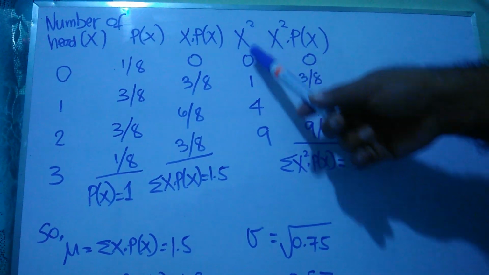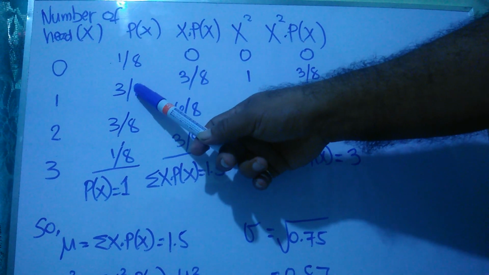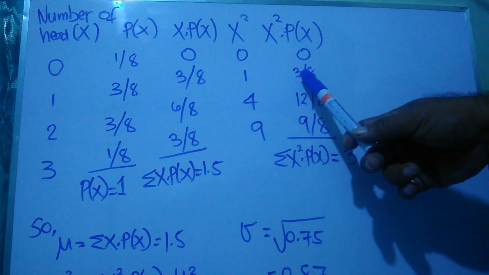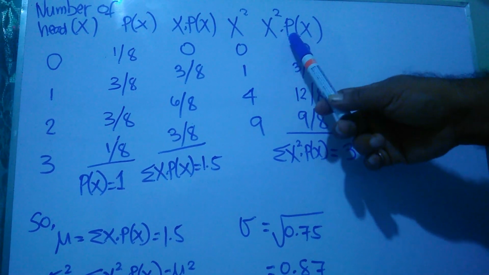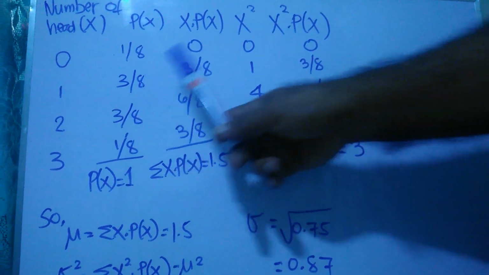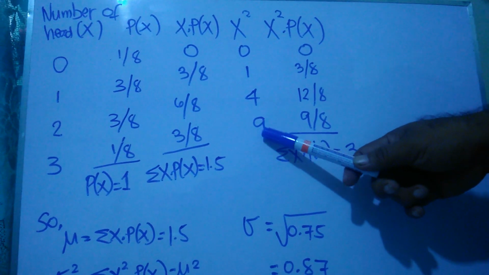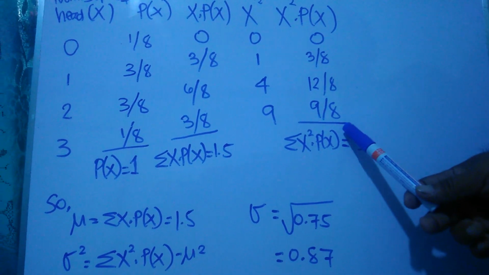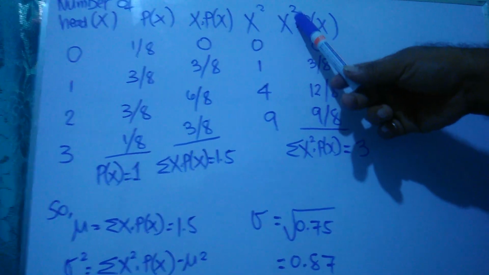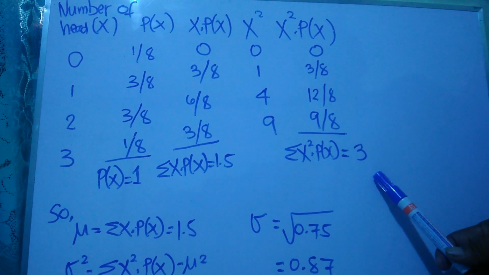And 1 times the probability of x, that is 3/8. Then 4 times the probability of x, that is 12/8. And 9 times 1/8 is 9/8. Then the sum of x squared times the probability of x equals 3.